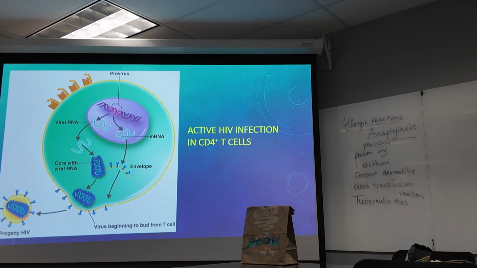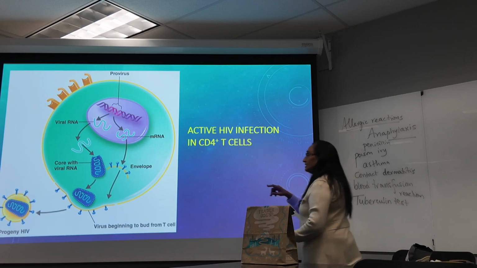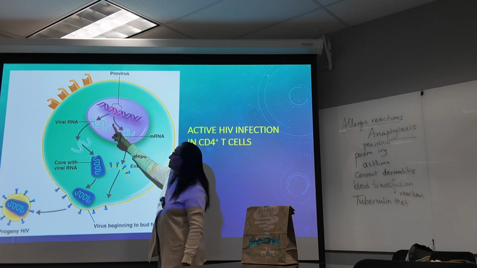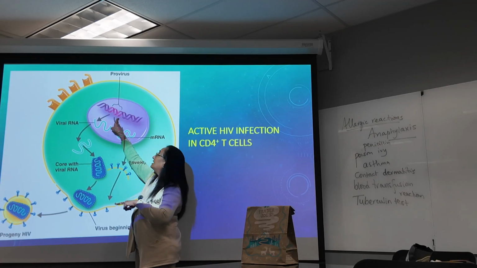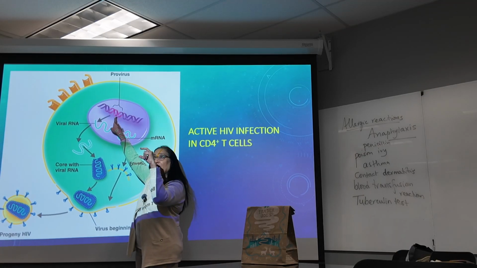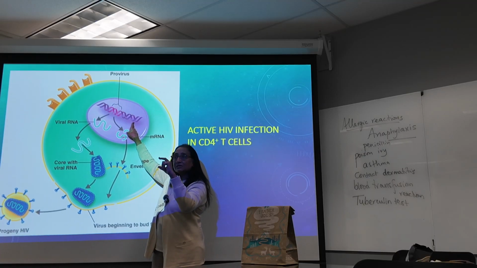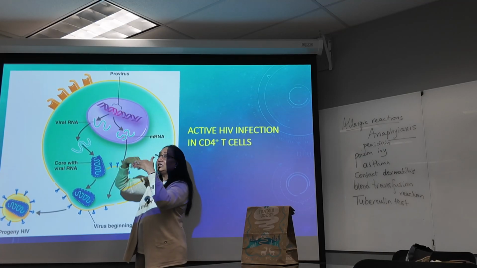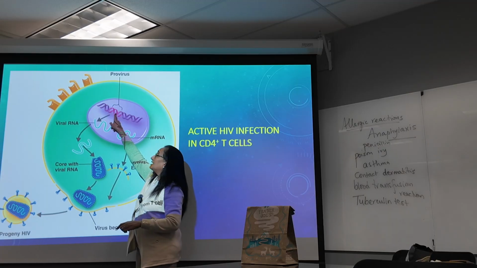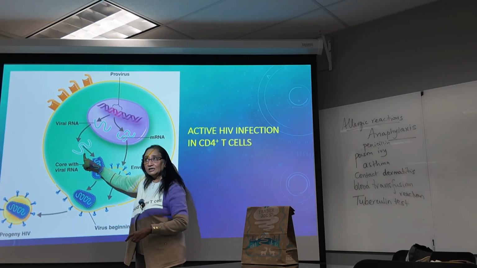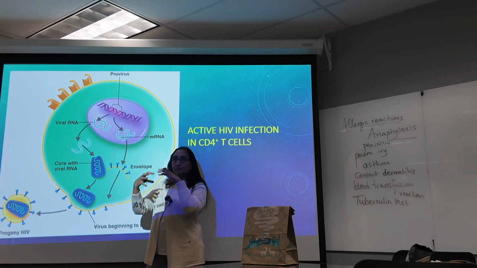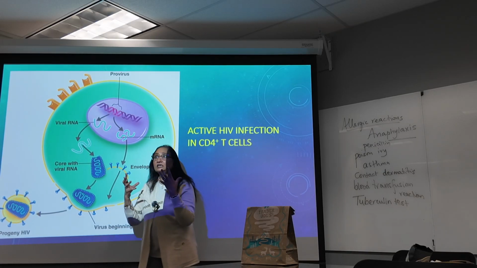Now, in active infection, we'll talk about the phases of HIV. Once the T helper cell gets infected, the viral RNA gets converted to DNA, and then it becomes part of the DNA of the T helper cell. Every time this DNA is copied, the virus can also get copied, and then the DNA can be converted back to RNA, and all the envelope and everything can be made.